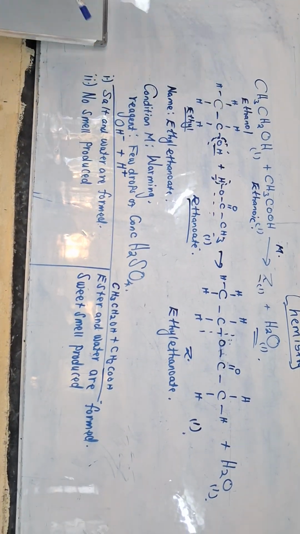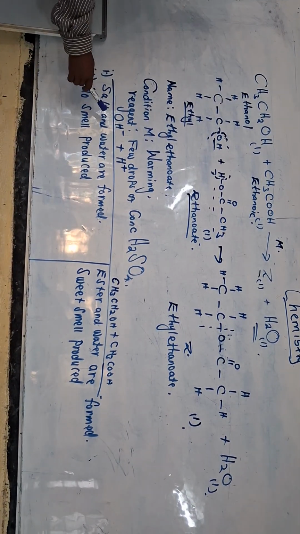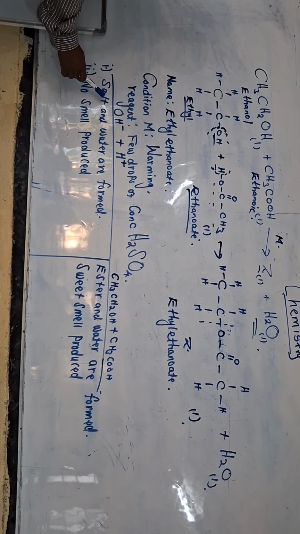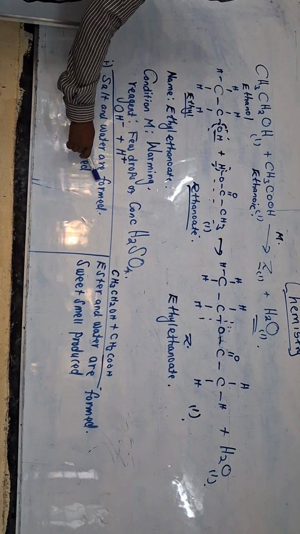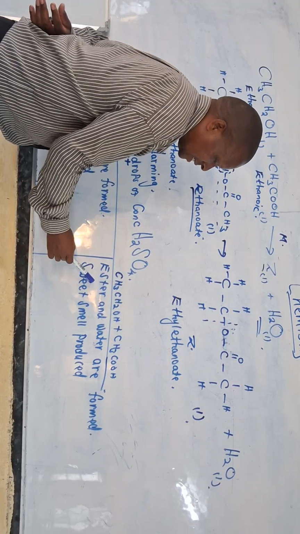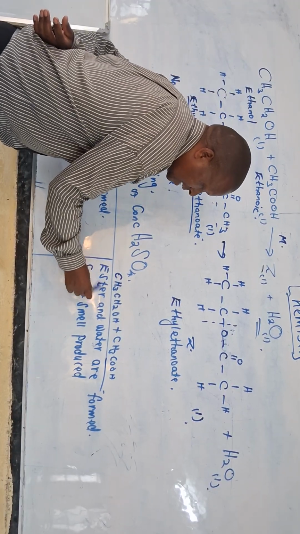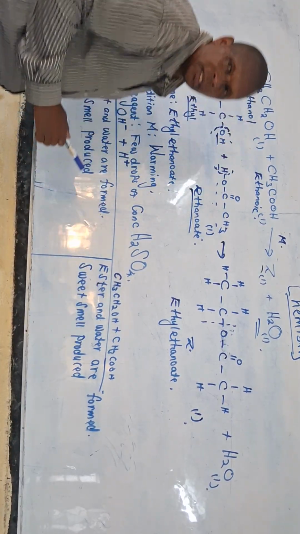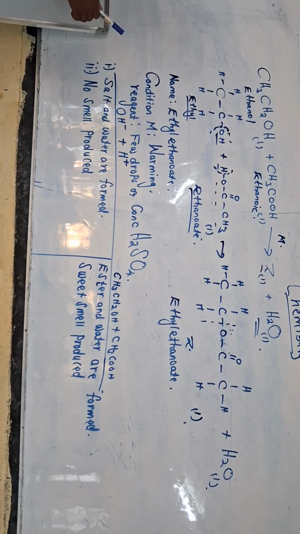The first difference is in the reaction between a hydroxide and an acid, a salt and water are formed. In the reaction between ethanol and ethanoic acid, an ester and water are formed.